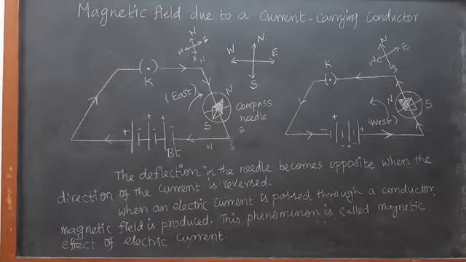When an electric current is passed through a conductor, a magnetic field is produced, and this phenomenon is called the magnetic effect of electric current. This is the topic name, and we should know what the magnetic effect of electric current is. So what I conclude here is that the compass needle gets deflected in the opposite direction when the polarity of the battery is changed or the direction of current is reversed.